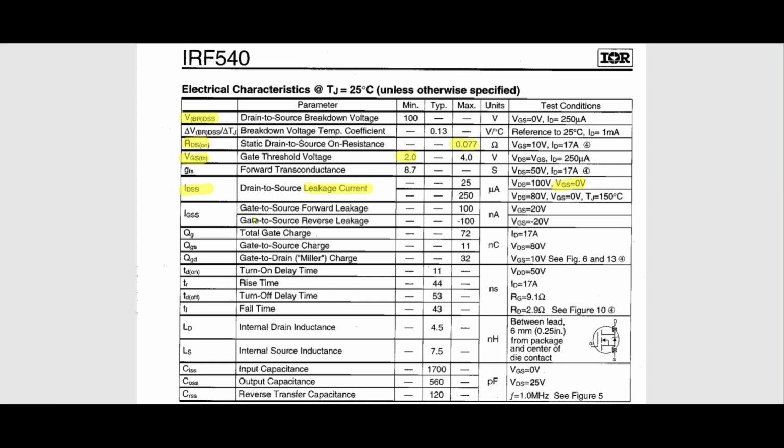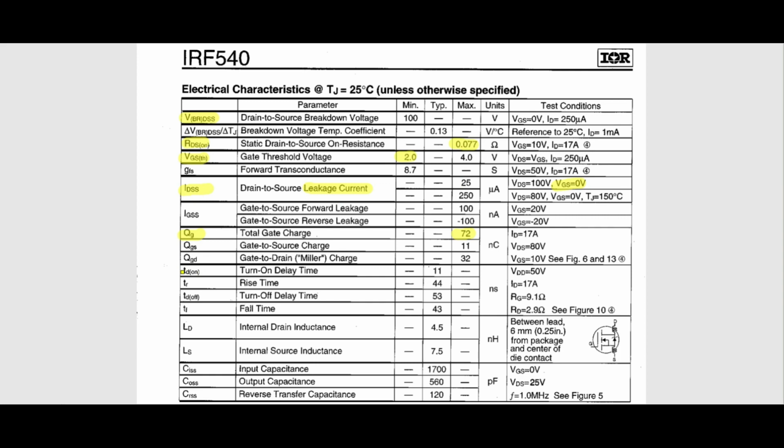It is especially in the case of the depletion MOSFETs that IDSS is a finite value, but in the case of the enhancement only MOSFETs, IDSS will be close to 0. It contains only the leakage currents. The total gate charge is 72 nanocoulombs.